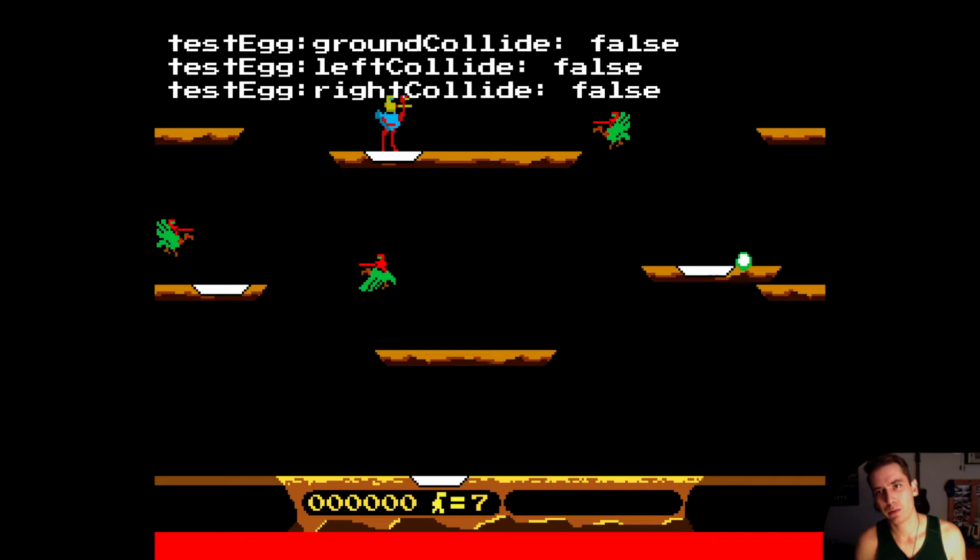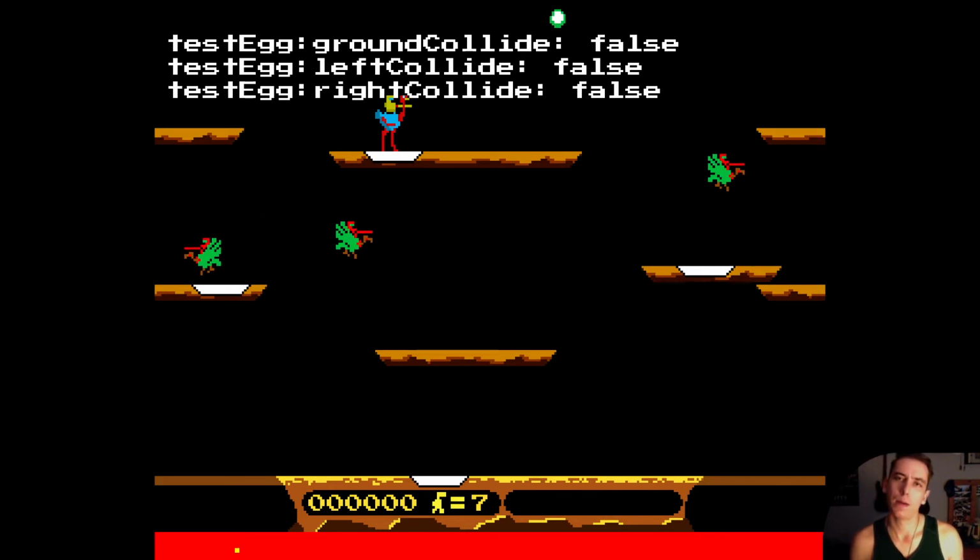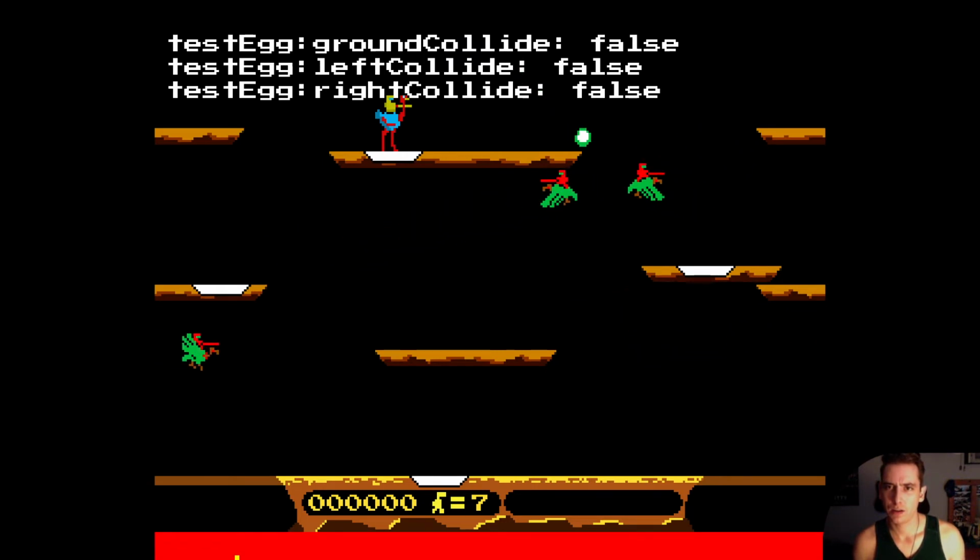Here's the scenario I was talking about, where imagine an egg falling like this, coming at an angle like this. It hits, see how it hits a left collide, but not a bottom collide? Well, actually, shoot, it's hard to say if that would be possible.